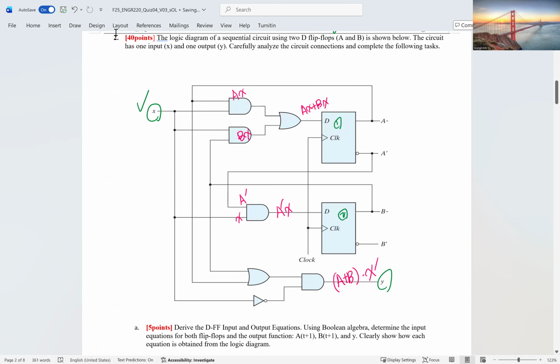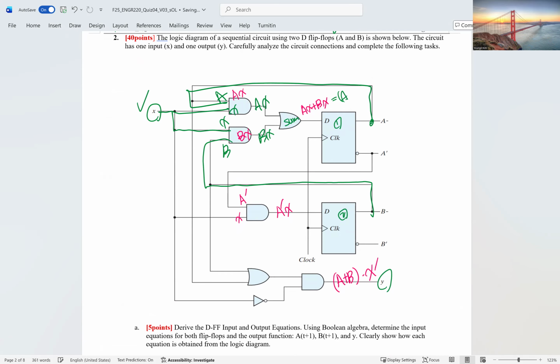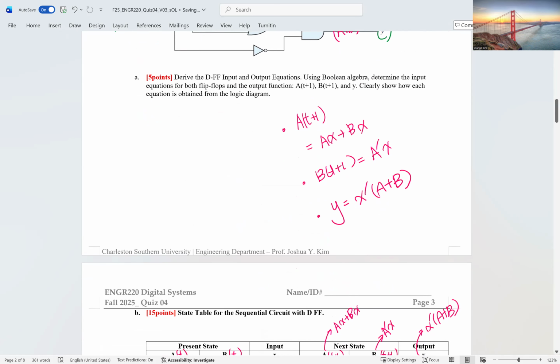Why? Because this is A, this is X, so this is the AND gate, the AX. This is X, B, the BX. And this is the sum logic. So A over t plus 1 is AX plus BX. Okay, it's right there.